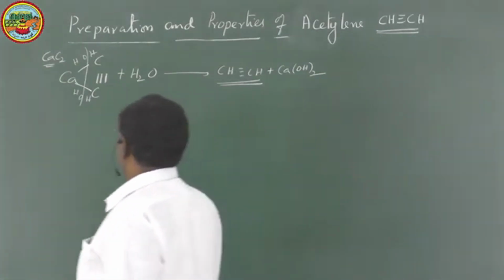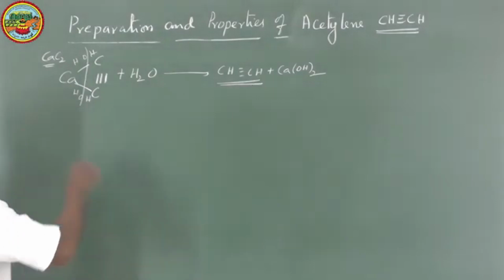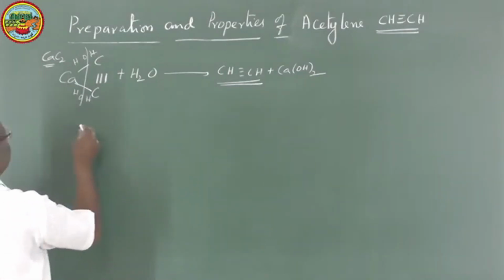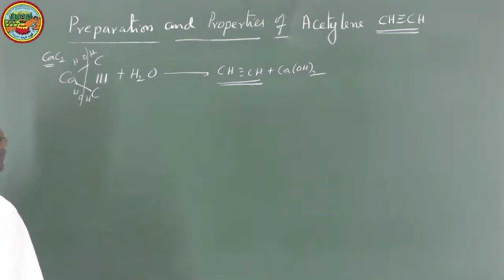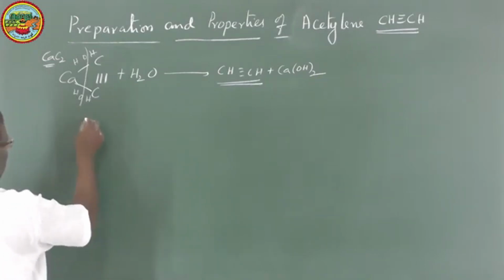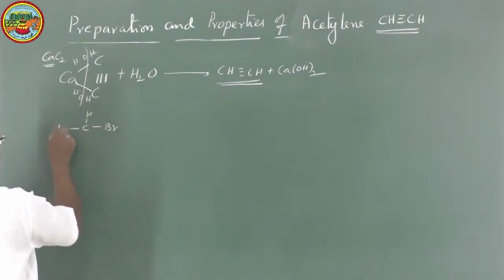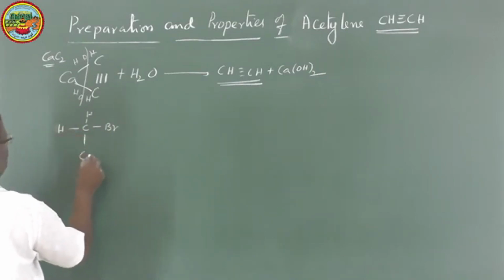Now another method is dehydrohalogenation of 1,2-dibromoethane. For example, this is bromine, this is hydrogen, CH2Br.